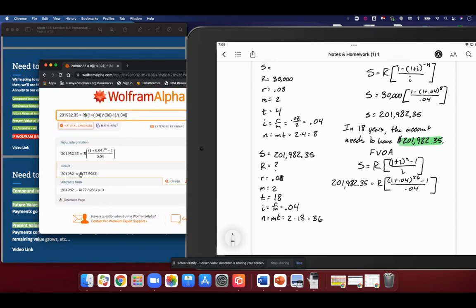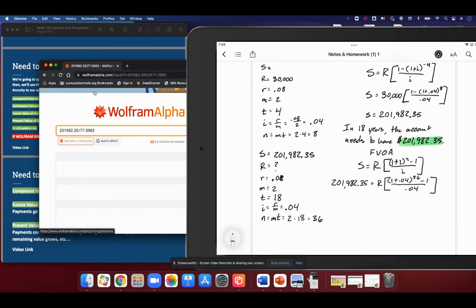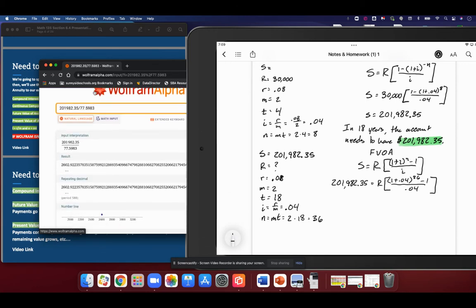So I got to divide 201,982 by 77.5983. And it looks like the monthly payment or the semi-annual payment that needs to go in is going to be $2,602.92. Oh, and 92 cents, not 9 cents. 2602.92.